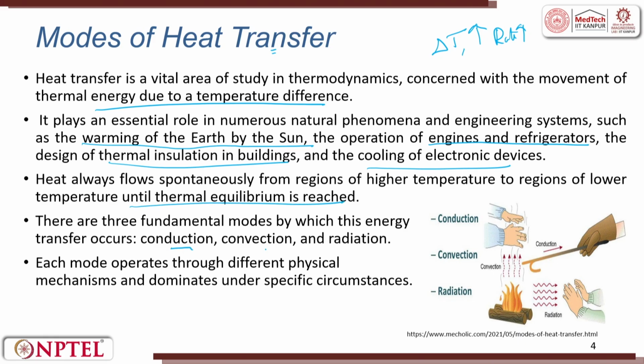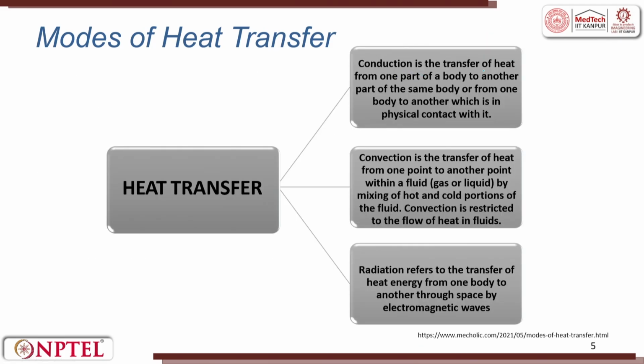We have seen the three modes of heat transfer, and each mode operates through a physical mechanism and dominates under specific circumstances. Conduction is the transfer of heat from one part of a body to another part of the same body, or from one body to another body which is in physical contact with it.